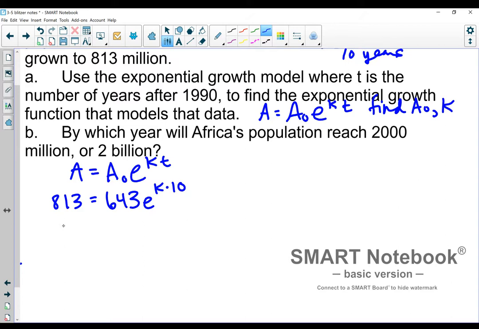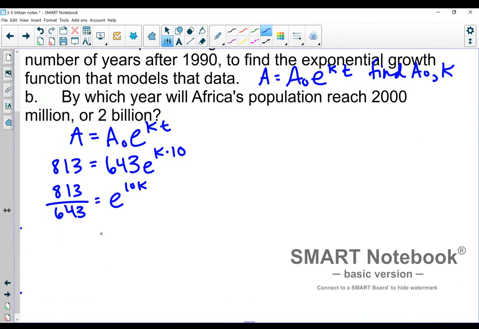So I divide both sides by 643. And let's write, instead of k times 10, let's just write 10k. That's simpler. And just like before, if I need to get at that exponent, I'm going to have to take a log on both sides because it's base e. I want to take a natural log on both sides. On the other side, we have the natural log of that fraction, 813 divided by 643.